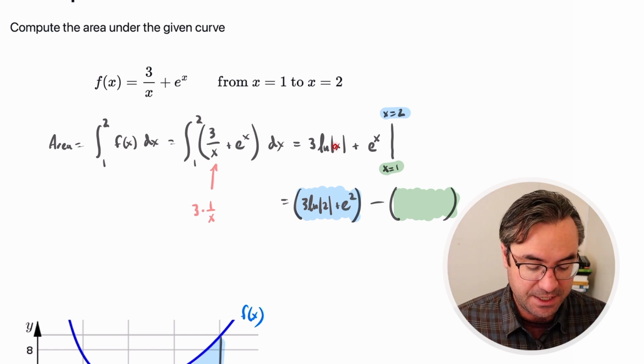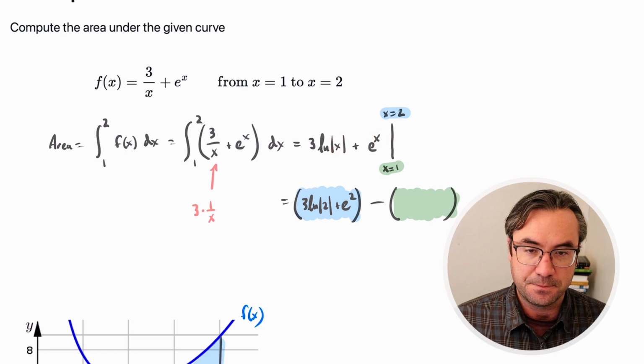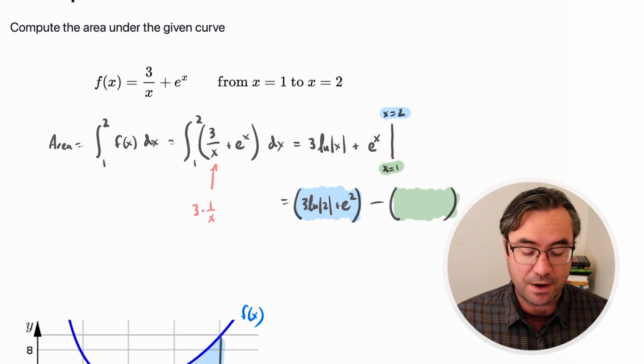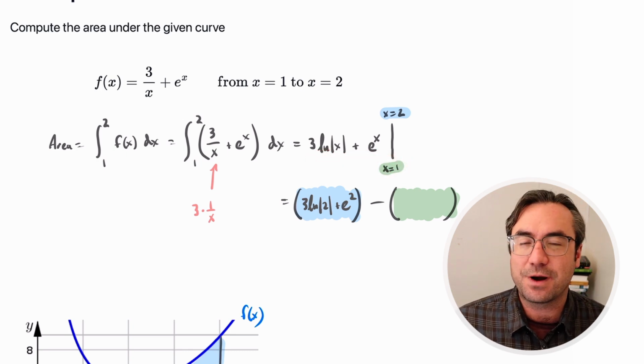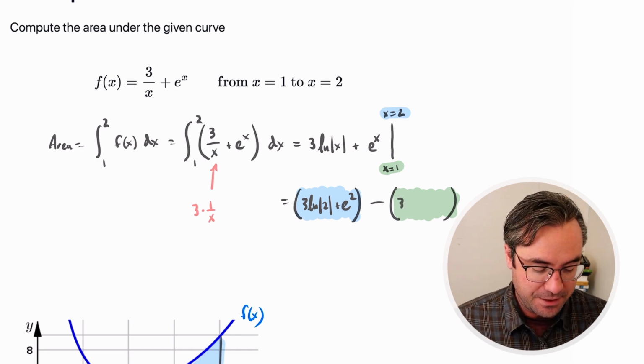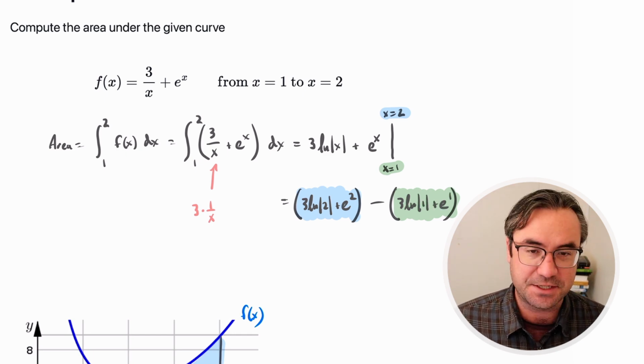So again, wherever I see an x here, I'm plugging in 2. And then I do the same thing for x equals 1. Wherever I have an x there, I'm going to plug in 1. So we get 3 times natural log absolute value 1 plus e raised to the power 1.